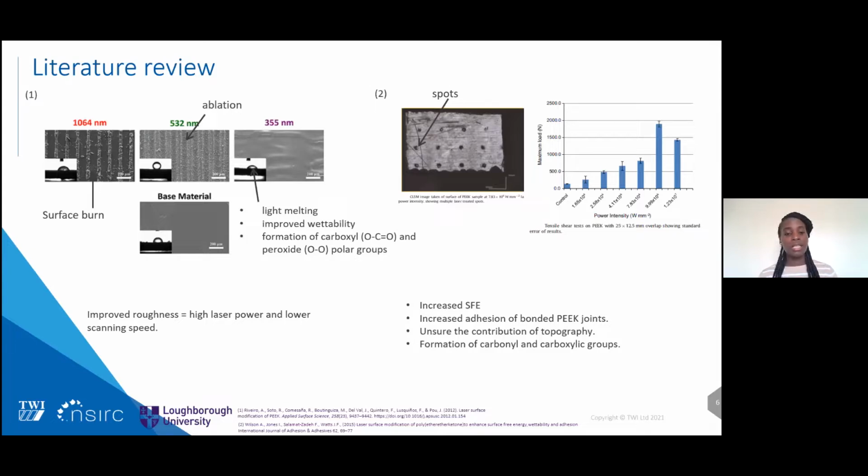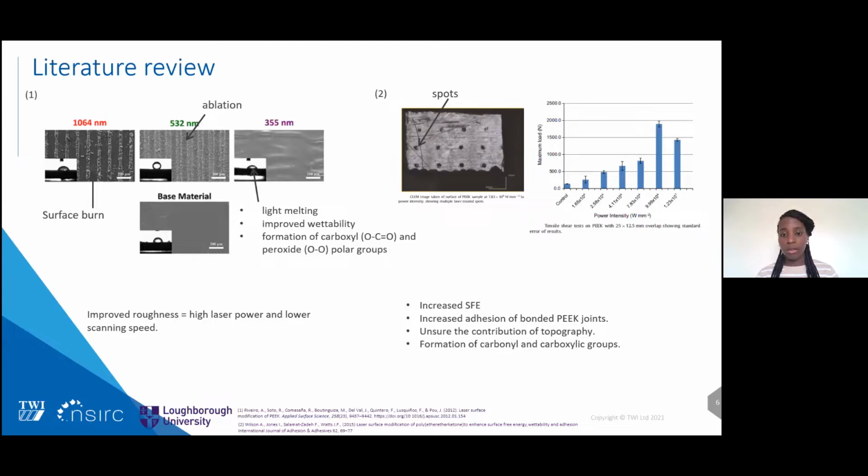Further analysis showed that this improved weldability was a result of the formation of polar groups on the material surface. In a different study where similar laser parameters were used, spots were produced on the surface of PEEK, and the authors recorded an increased surface free energy and also increased adhesion of the bonded PEEK joints from lab shear tests.